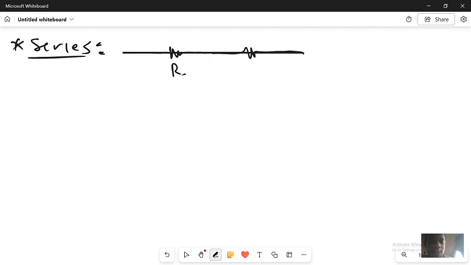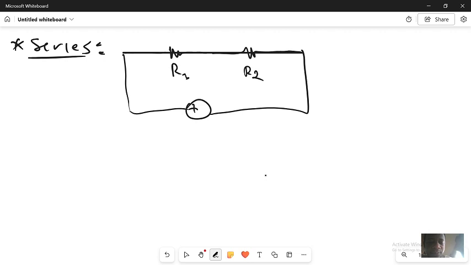let's say I have R1 and R2, which are supplied by one source Vs. We discussed previously that the current supplied from this source is the same current flowing in I1 and the same current flowing in I2.